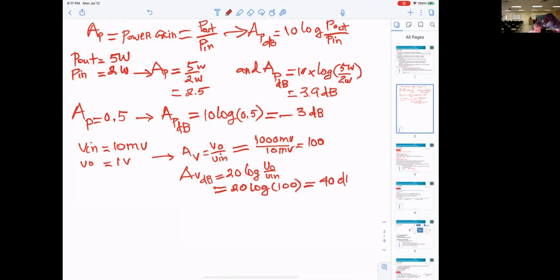That is the question for the voltage gain in dB.